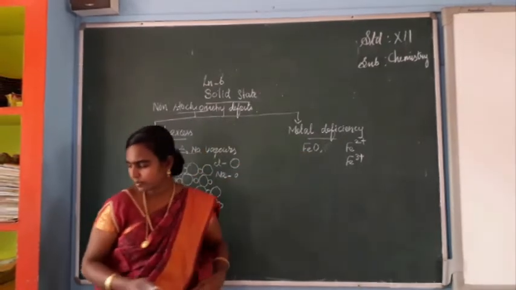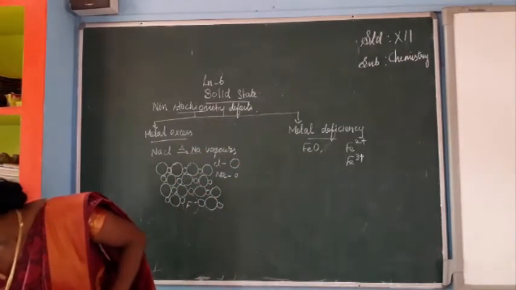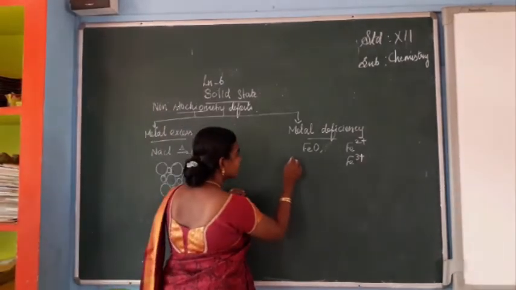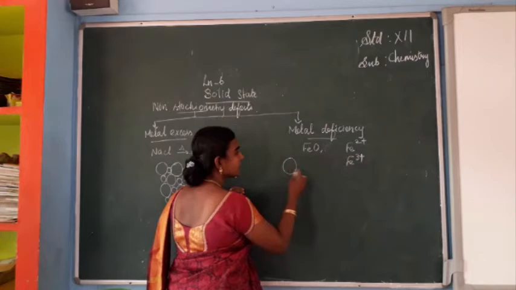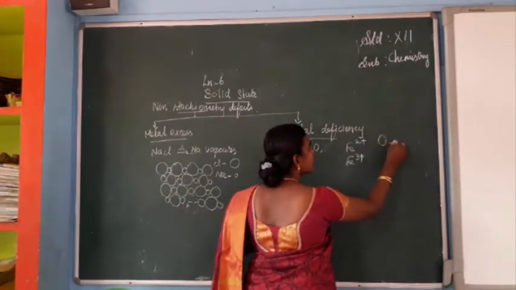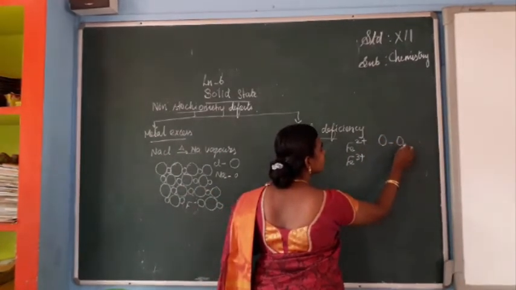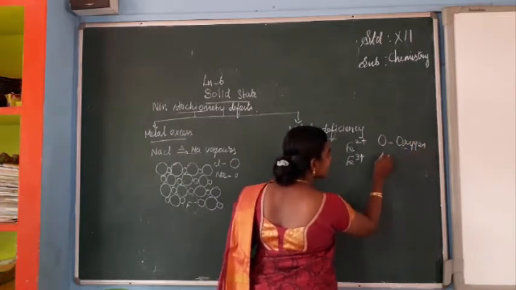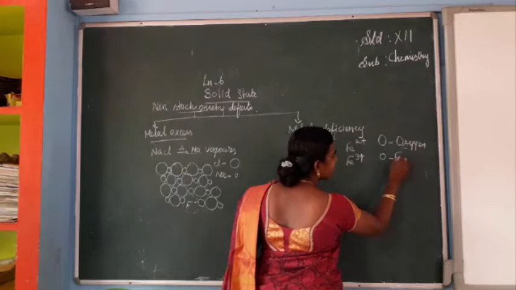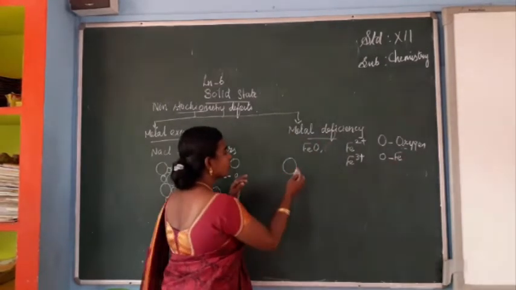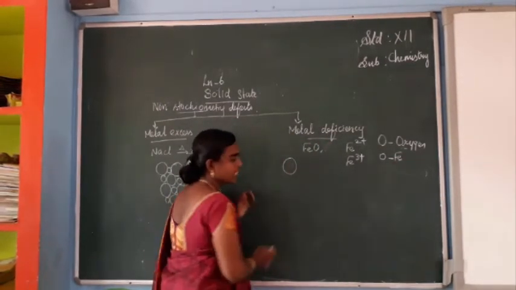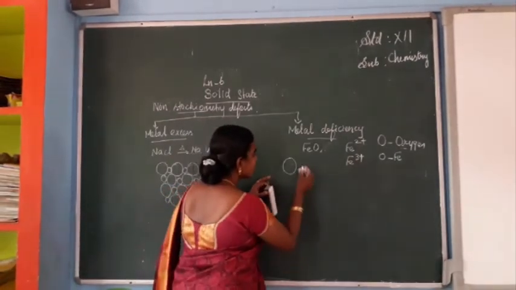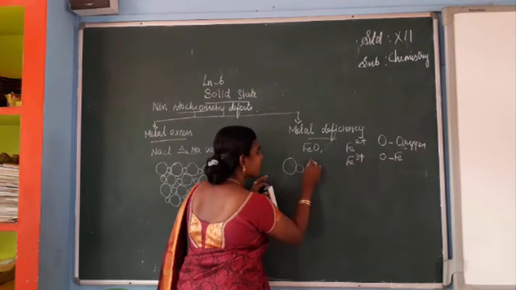I will draw the diagram here. Consider the big ones as oxygen and the small ones as Fe. We can start from Fe, then oxygen, then the small one.